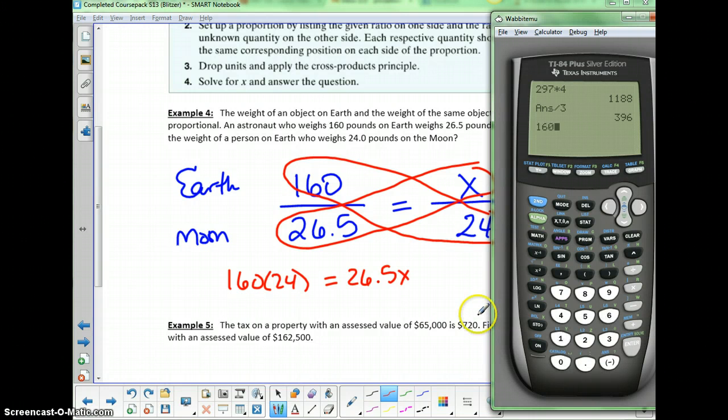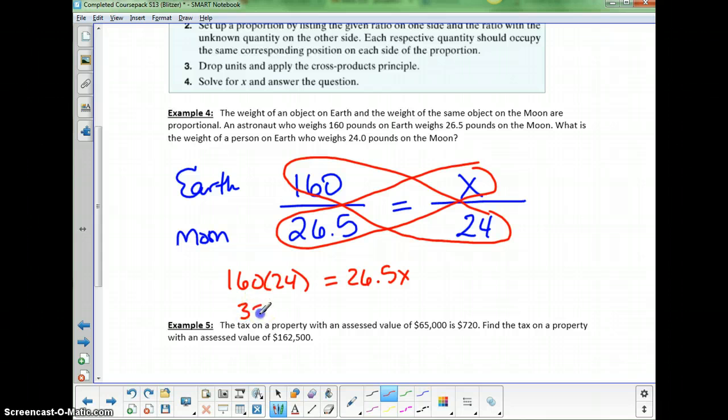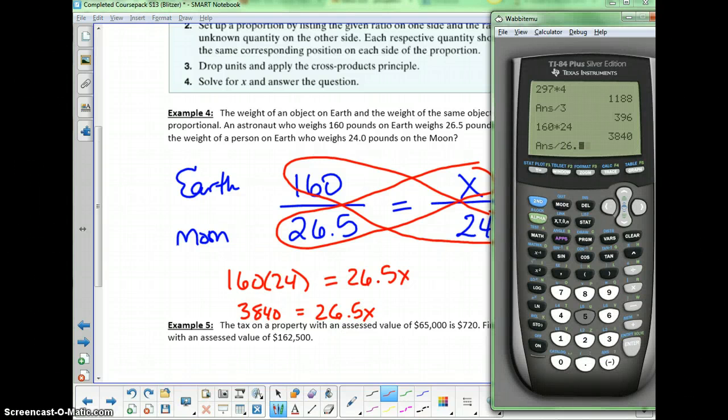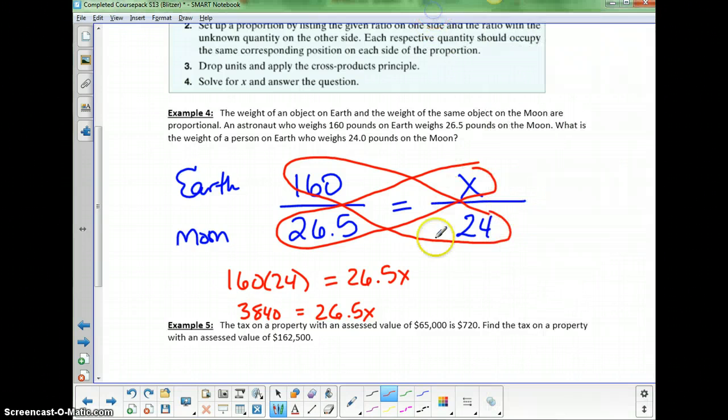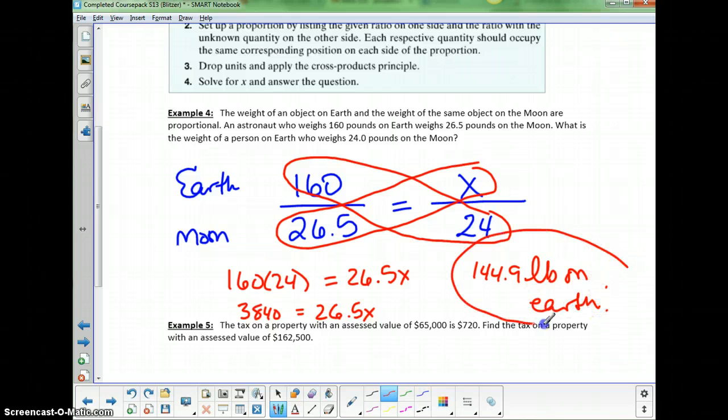But 160 times 24 is 3,840 equals 26.5x, and then just divide both sides by 26.5 to solve for x. X equals 144.9 if I round. That was pounds on Earth for that second person.